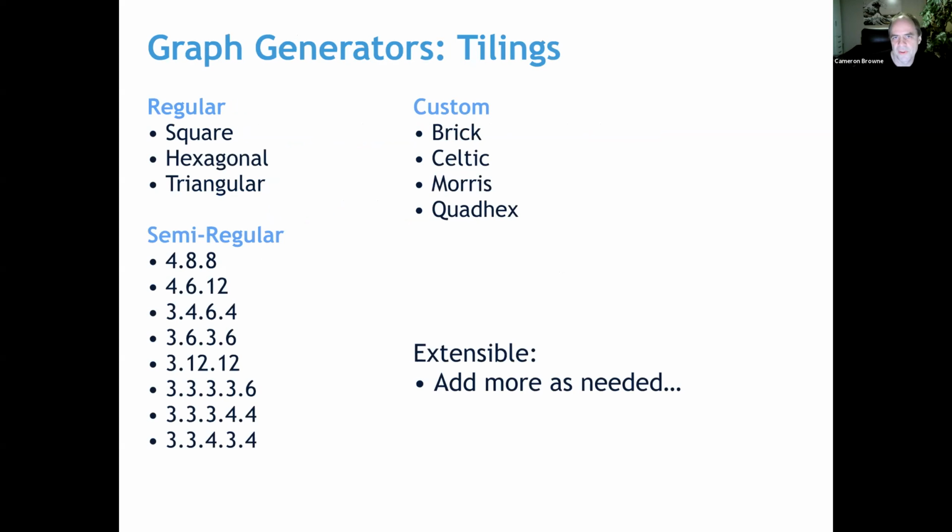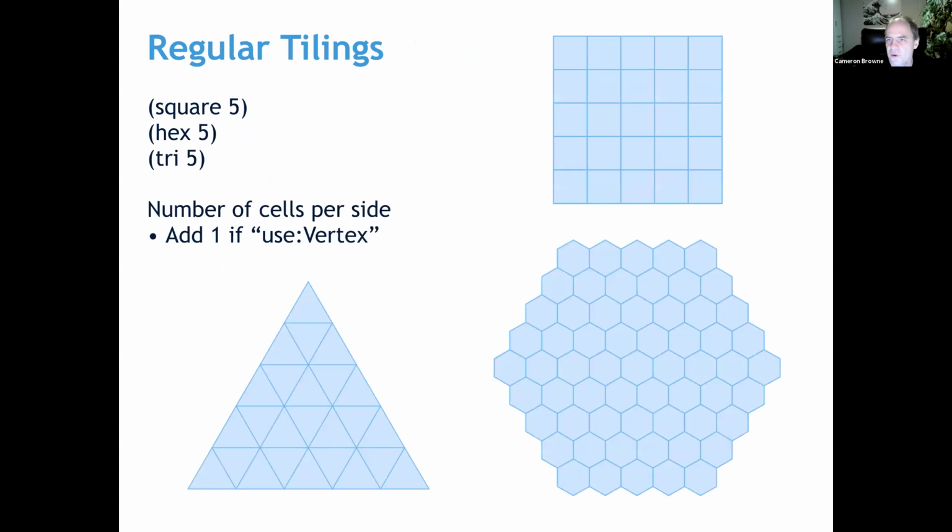So here are some of the generators we have: the regular tilings, semi-regular, custom tilings. And the benefit of using the Ludemic approach is it's extensible. As we need new tilings, we just implement the class, add it to the system, and it's automatically incorporated into the whole system. So I'll go through a few examples.